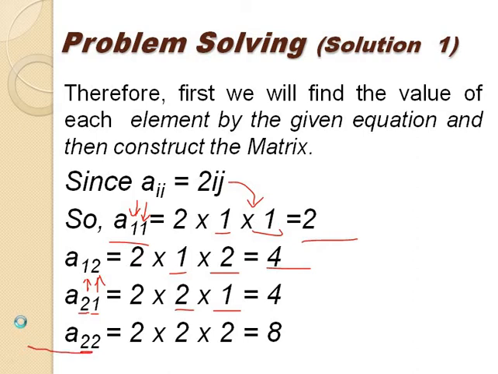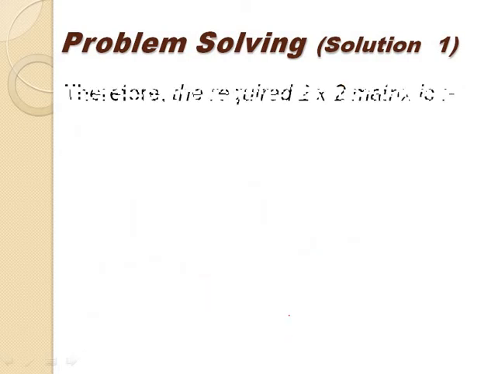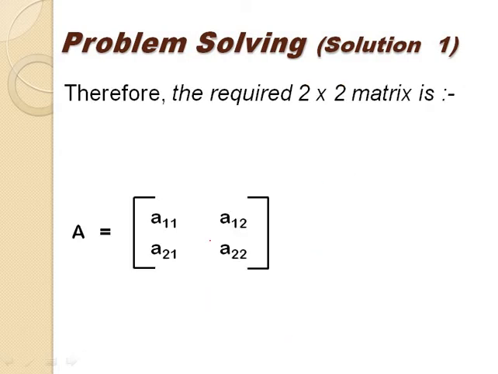Again i is 2 and j is 2, so we get the value 8. Next step, we have got all the values a11, a12, a21, a22. By replacing all the values, we get the matrix 2, 4, 4 and 8. So this way we can create a matrix if the equation of the matrix is given.